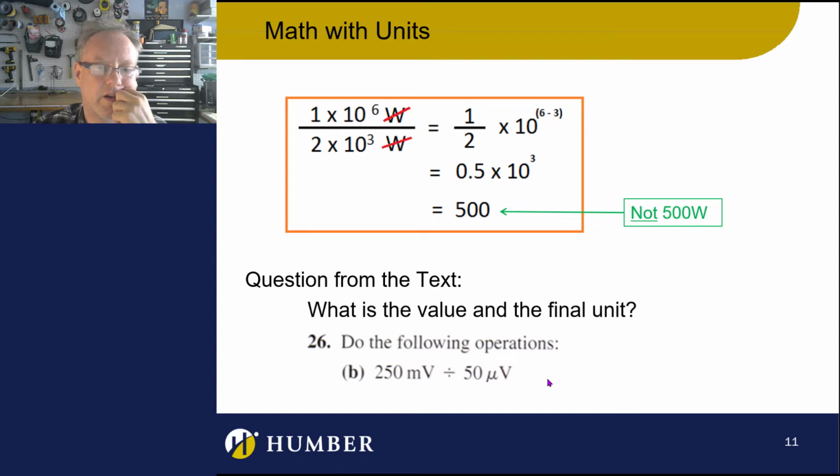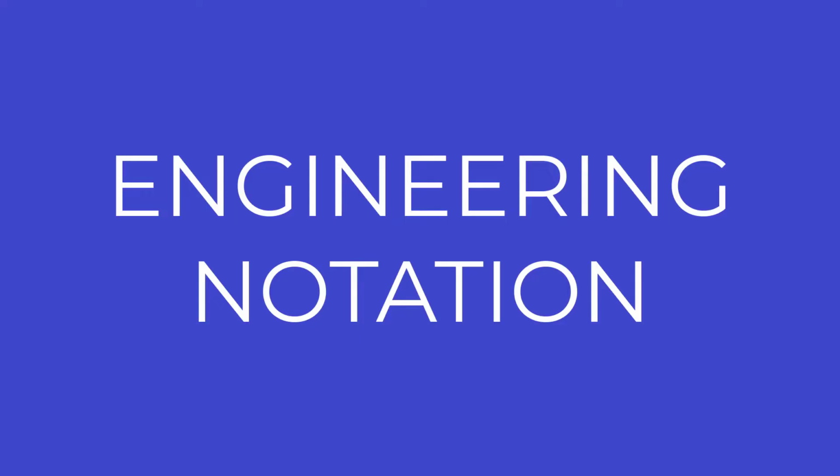What's the final unit? Well, millivolts divided by microvolts is also just going to be a number. It's not going to have a unit because it's volts divided by volts. But if I really wanted to look at this, I guess I could say 250,000 microvolts divided by 50 microvolts. That would work. So there you go.